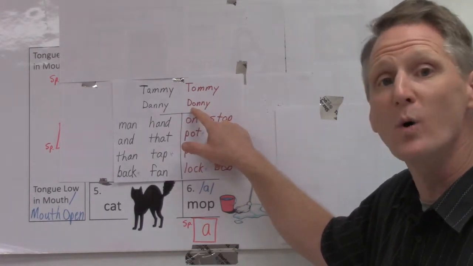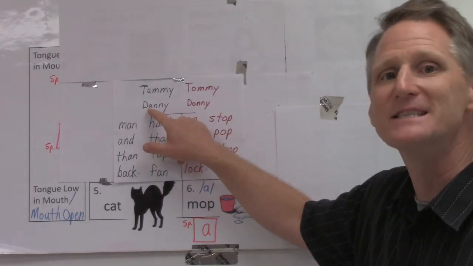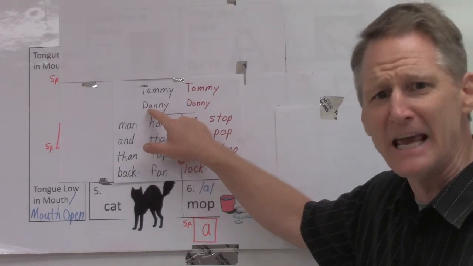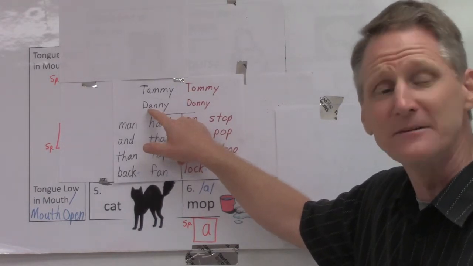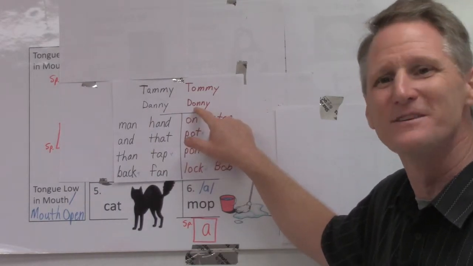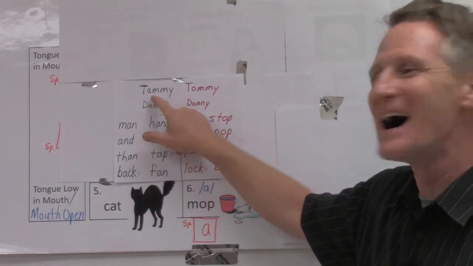This with an O is Donnie. This with an A is Danny. Danny, get in here. Donnie, get in here.